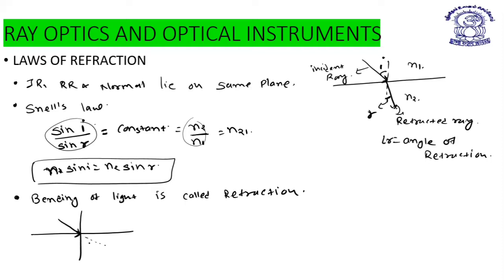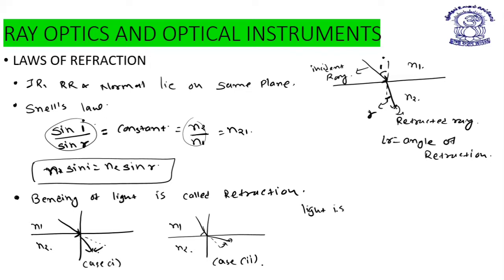Either light will bend towards the normal, as in this case, or it can bend away from the normal, as in this case. It will depend on the refractive index of the two media. In case 1, when the light ray travels from one medium to another, it is moving towards the normal. So, light is traveling from rarer to denser.